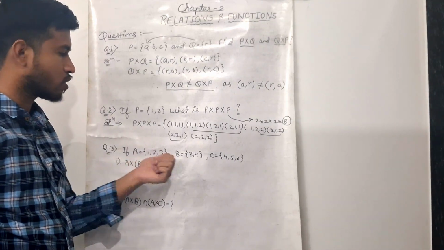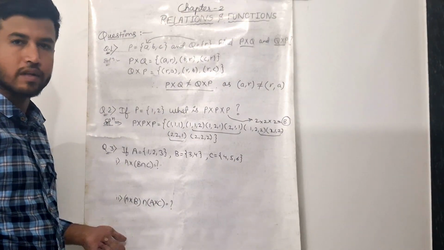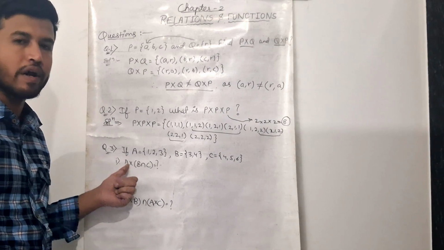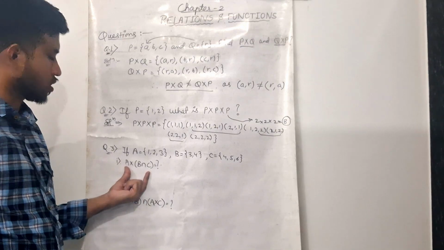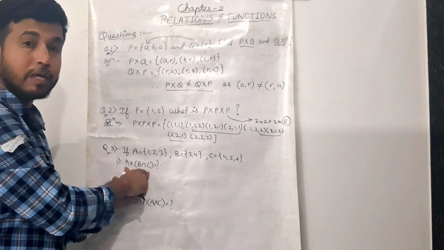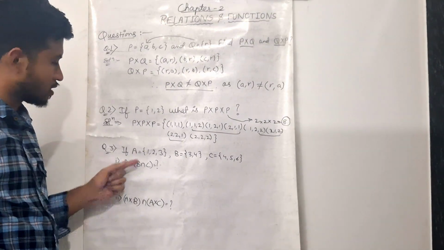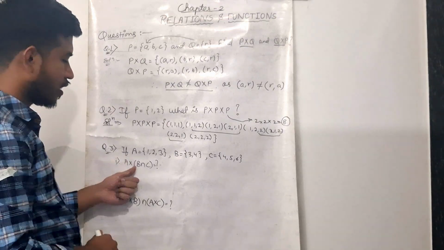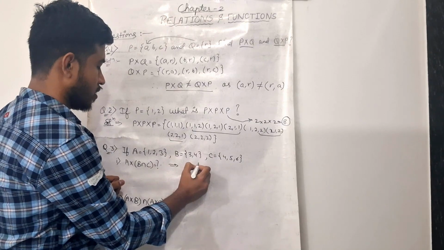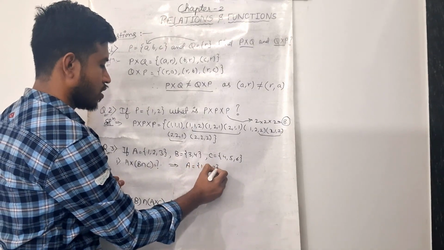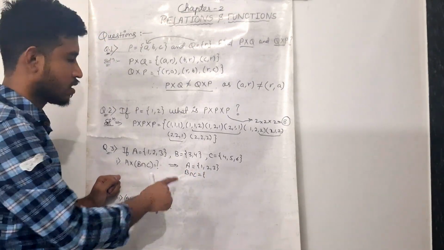If set A is given as 1, 2, 3, set B is given as 3, 4, and set C is given as 4, 5, 6, we have to find this. First, we will find A cross (B intersection C), meaning all possible relations between set A and B intersection C. So first we need to find B intersection C. Here is the solution. Set A is 1, 2, 3. What is B intersection C?